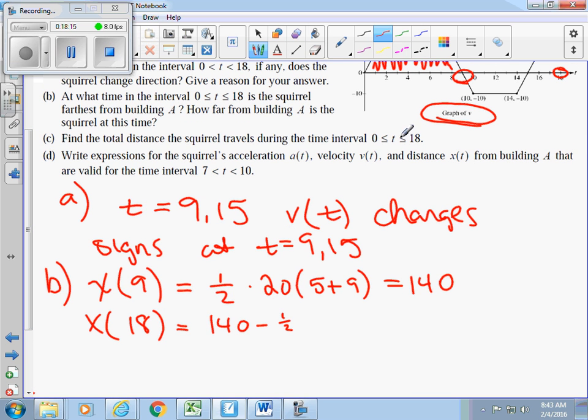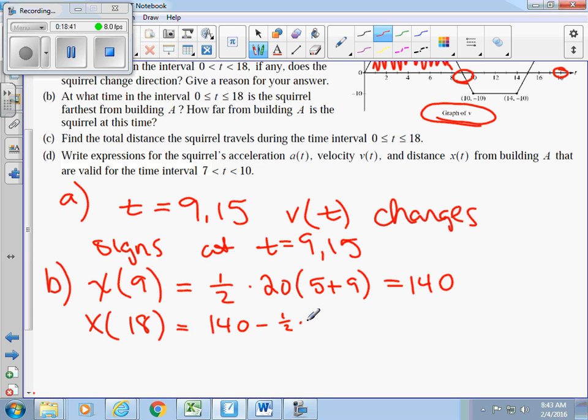Because this distance, he's going backwards, back toward building A. So I'm going to subtract the distance from where he went back toward building A. And then I'm going to add that last piece. So what I'm really finding, if you had put x of 15, is just subtracting that second trapezoid. I'm going to do more than that.